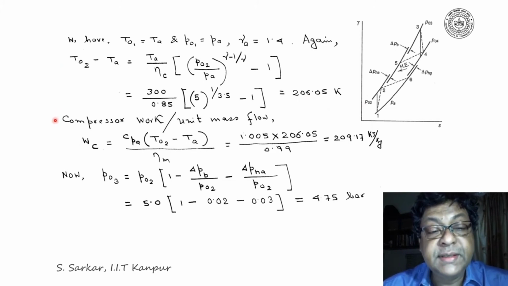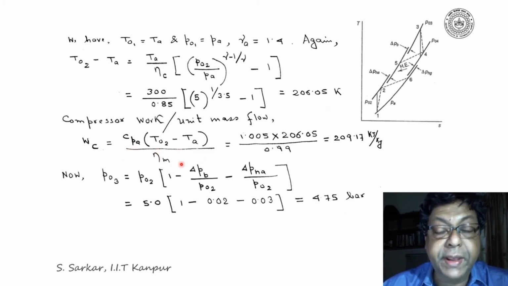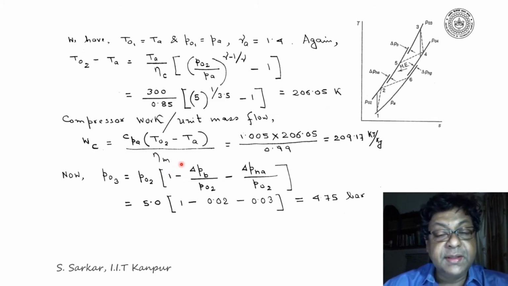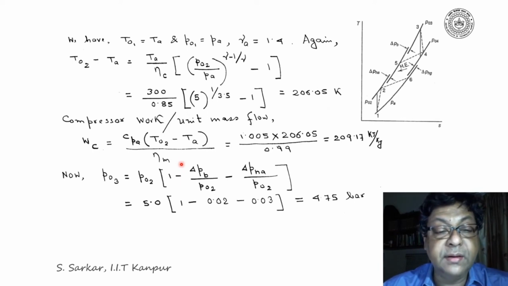Now, the compressor work per unit mass flow of air would be WC is equal to CPA times T02 minus T0A divided by eta M. Here, the mechanical efficiency is given as 0.99.